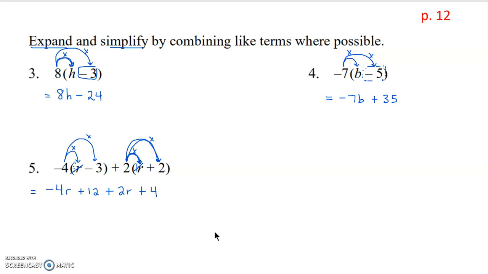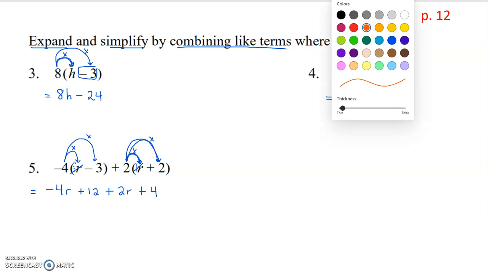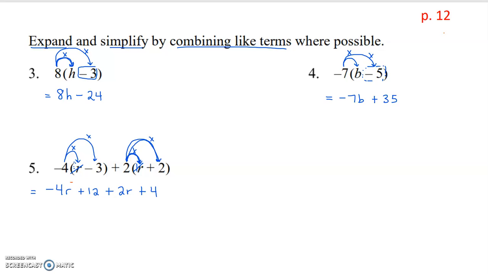So now what we can do is we can combine like terms. And combining like terms means finding the things that are the same. So the r's go with the r's, and the constants go with the constants. Remember, the sign in front is what we're going to take. So this is negative 4r plus 2r. Because they're the same, all we have to do is add or subtract the coefficients.